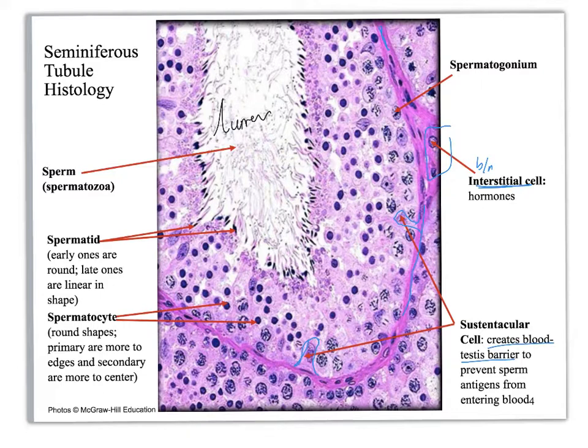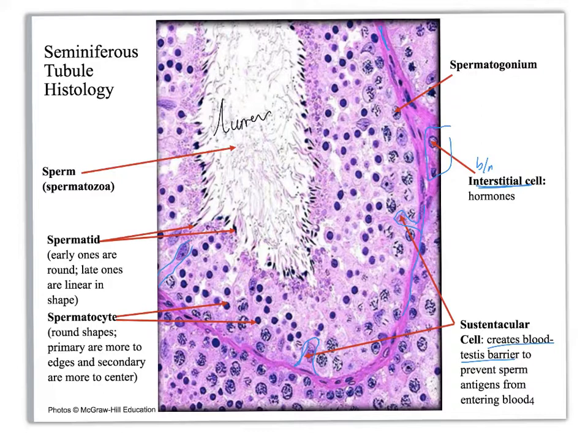So they're basically separating the stem cells from the sperm, which have different DNA from the stem cells because they've done crossover and meiosis and all of that good stuff, okay? So they're trying to prevent antigens from escaping back into the blood system, okay? And so they create these little walls, which are easier to interpret in a picture than what we've got right here. Here's another nice sustentacular cell right here, okay?